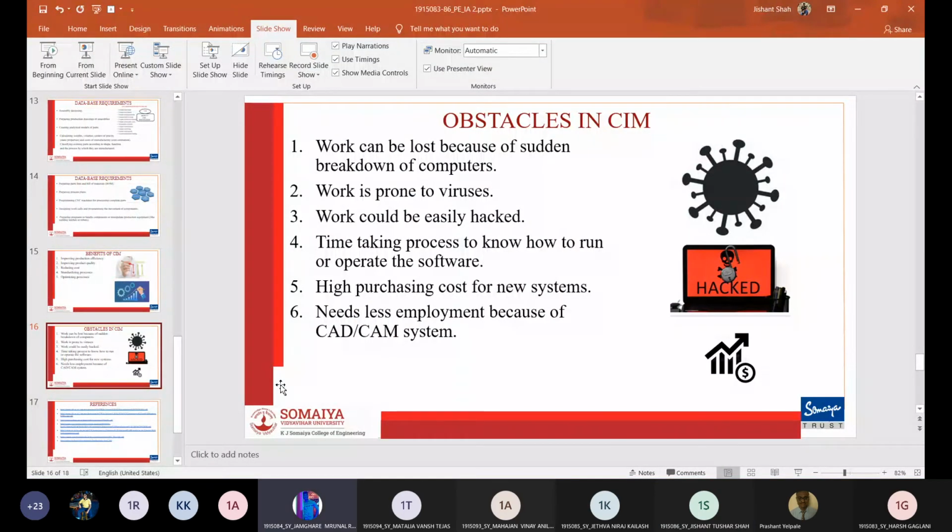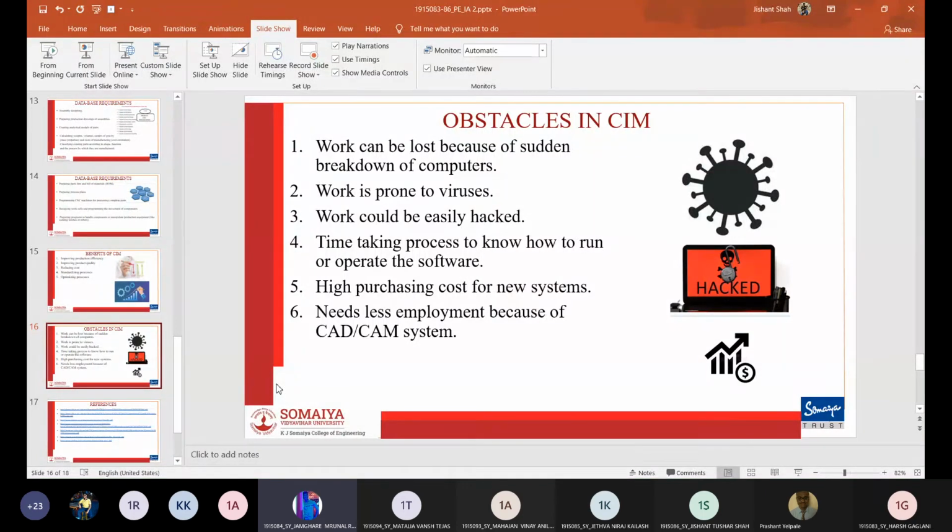Just like the benefits, CIM has some obstacles. The first one is when we are doing a particular job on CAD/CAM, suppose we don't save it and the light goes off. All that we have done, we can lose all the data. It would be lost due to that.